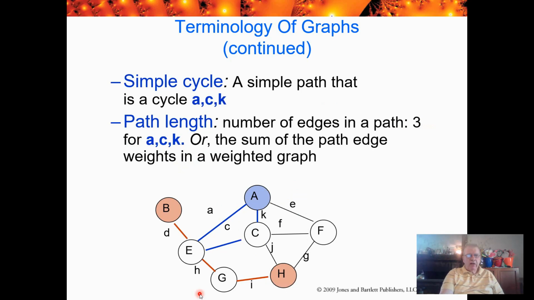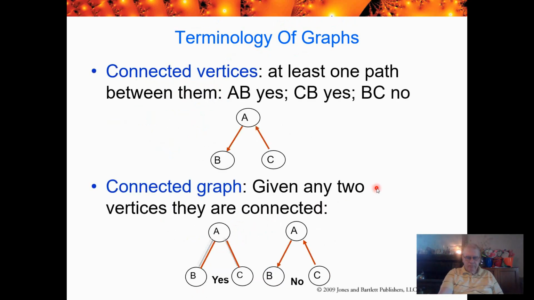A simple cycle is ACK, the edges. And the path length, if it's not a weighted graph, it's just the number of edges in the path. If it's a weighted graph, then the path length is the sum of A plus C plus K. But in this case, it's just 3 because it's not weighted.